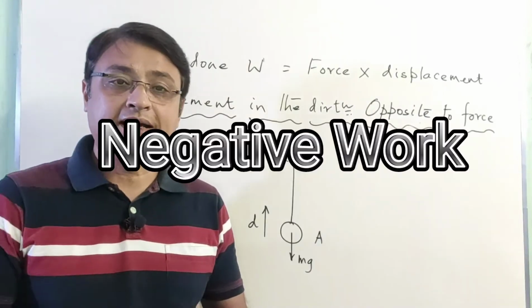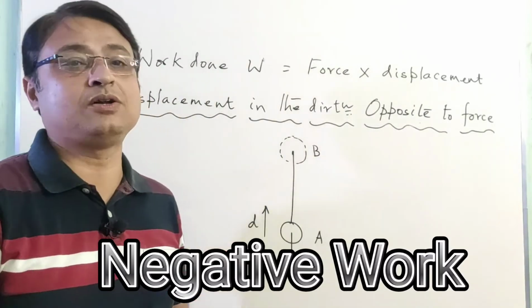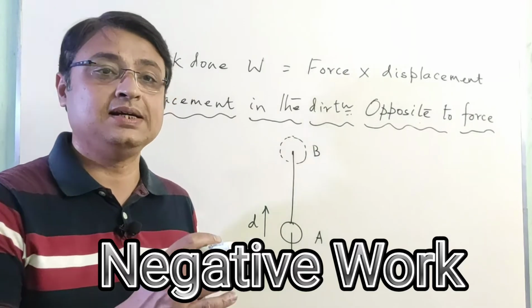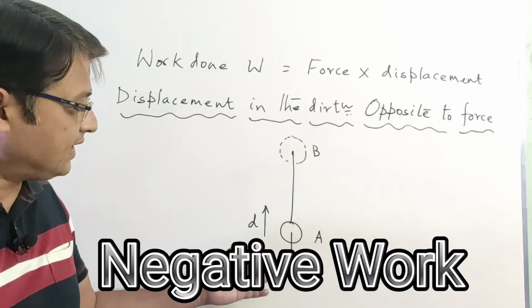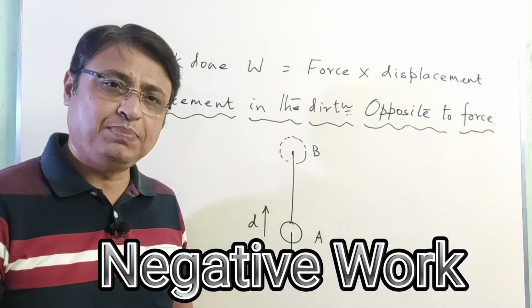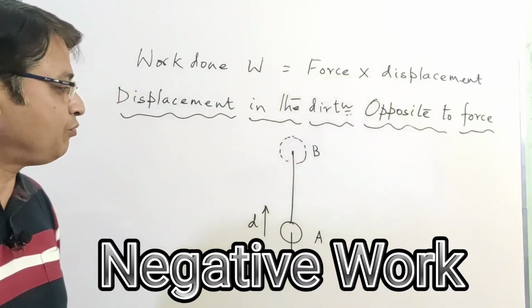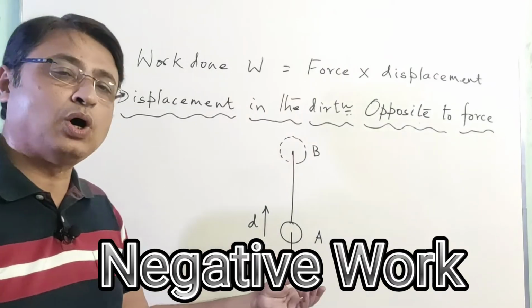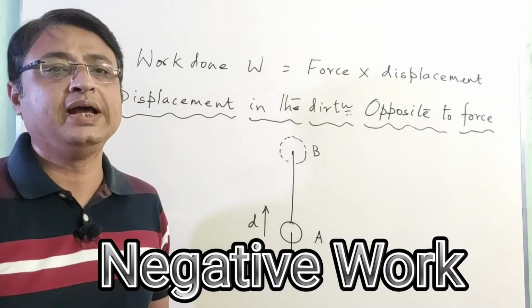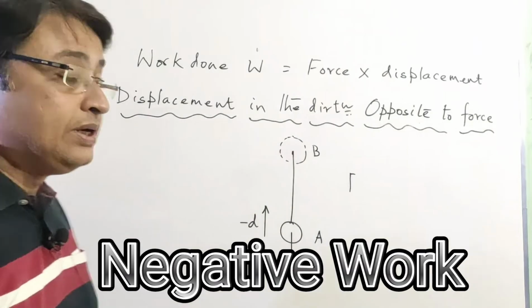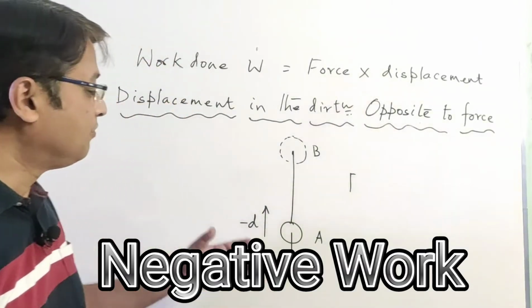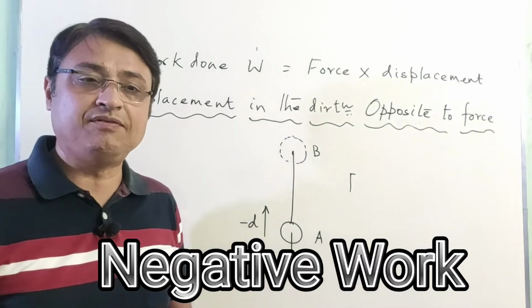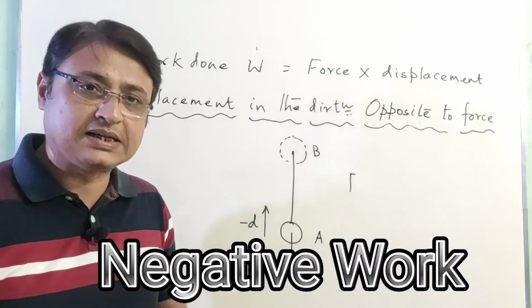Now considering the case in which the displacement of the object is in the opposite direction of the applied force. Here the simplest example for this type of work done is a ball or a body thrown in the upward direction. Whenever a ball is thrown upward, the force due to Earth's gravity pulls the ball in the downward direction.